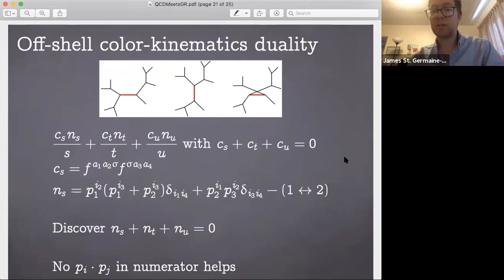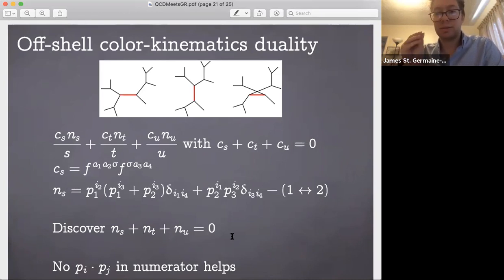Okay, sort of the crowning jewel of this picture is that you will get off-shell color-kinematics duality for free. So if I look at some s, t, and u diagrams embedded in some larger process, if I just use the transversality condition to rewrite the numerators a little, I immediately find that the numerators off-shell all sum to 0.